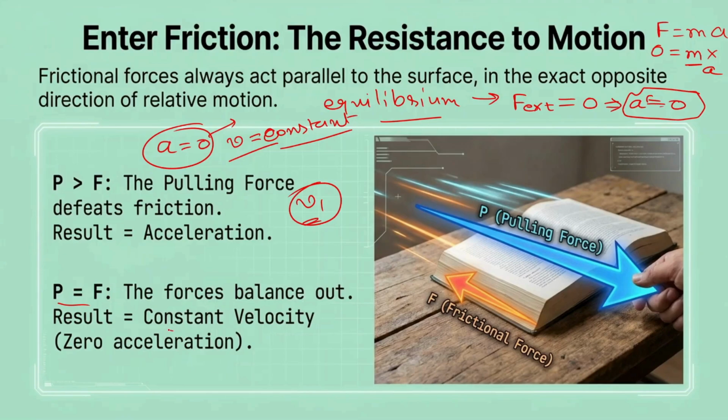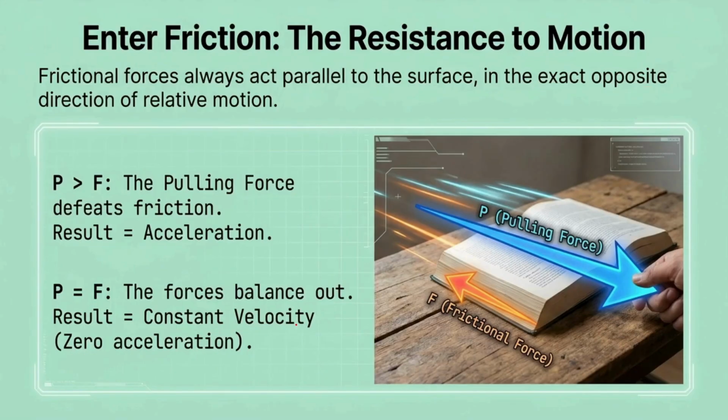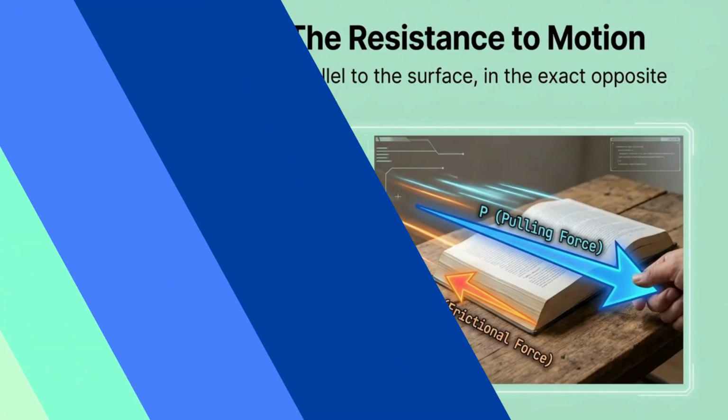Either constant velocity or at rest. Here, the main thing is zero acceleration, which means the net force is zero. I hope you got my point. These are the two cases: if the pulling force is greater than the frictional force, and if they are the same. Now we move forward.